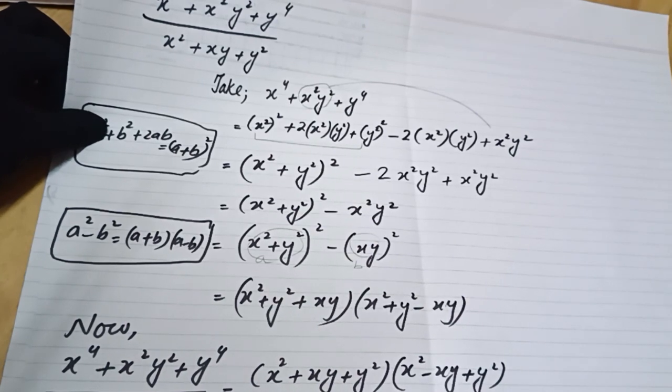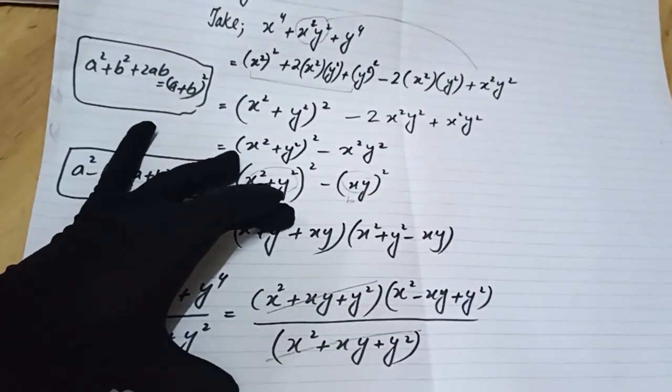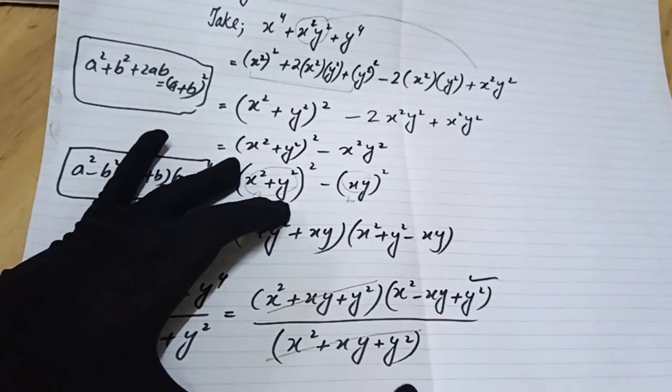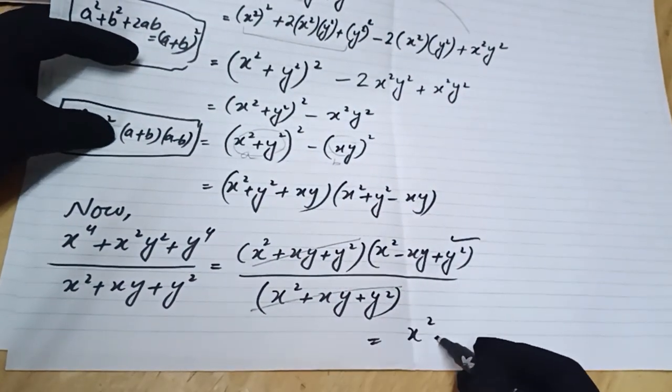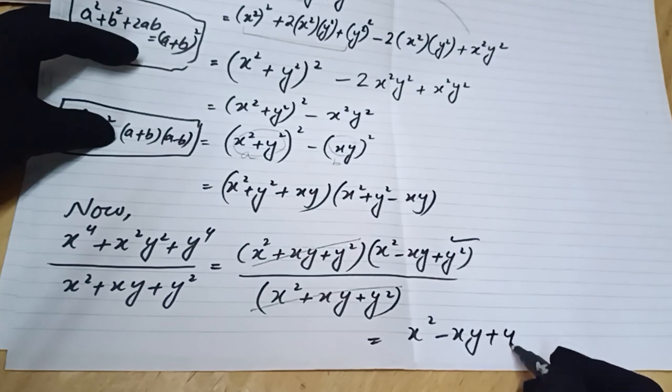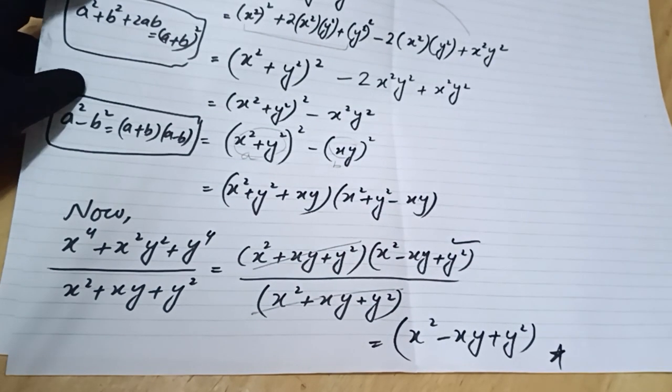I will put the bracket around that. Now if you see, the first term is exactly the same as this, so we will cancel. This is our remaining answer: x square minus xy plus y square.